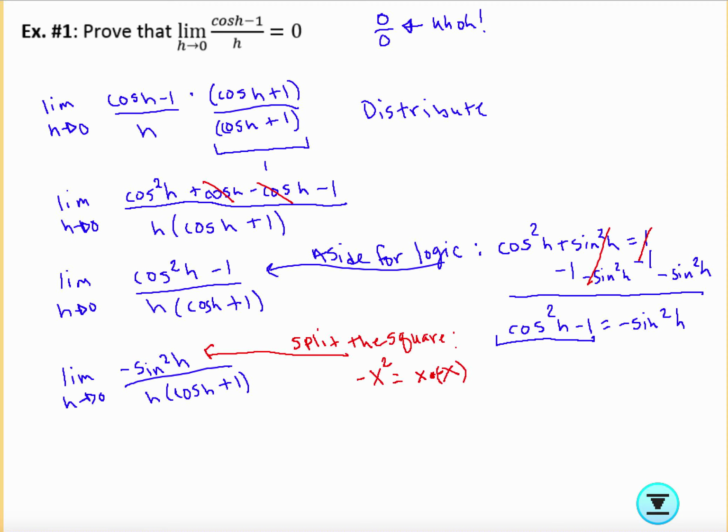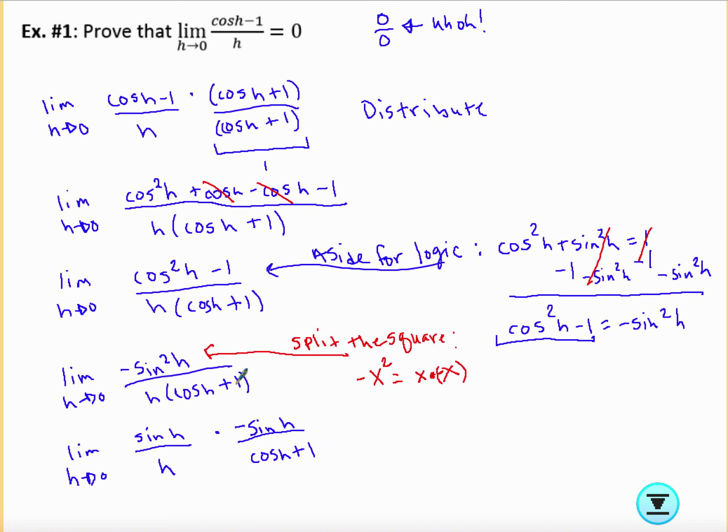I'm actually going to create two fractions here. So negative sine squared of h is really the sine of h times negative sine of h. And I'm making two fractions, h and cosine of h plus 1 will be the denominators.